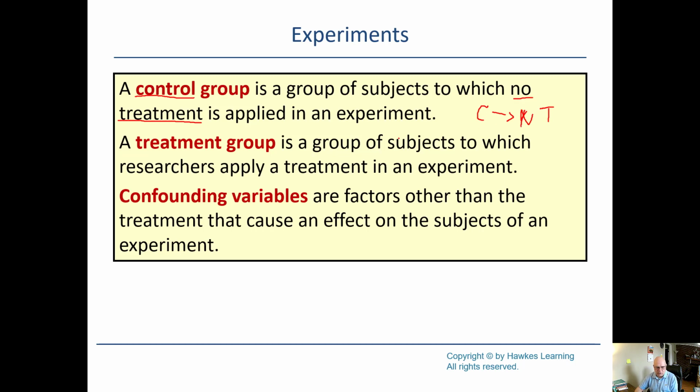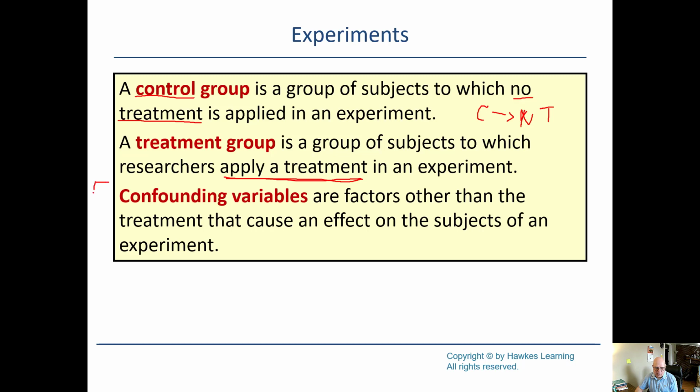You can fix it up in your notes. The treatment group is the ones that actually get the treatment. In our pain reliever example, those people get the actual medicine that's supposed to relieve the pain. The ones in the control group get something that might look like it, but is actually not the actual treatment itself.